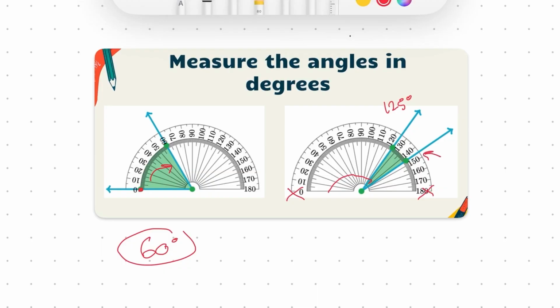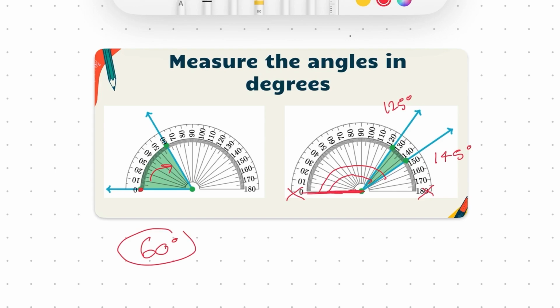What about this ray? Once again, I can use the same process by constructing an imaginary angle going towards that ray, just like that. And if you closely pay attention, you'll see that it measures 145 degrees. Now I have what both of these rays would measure if they formed an angle with 0.